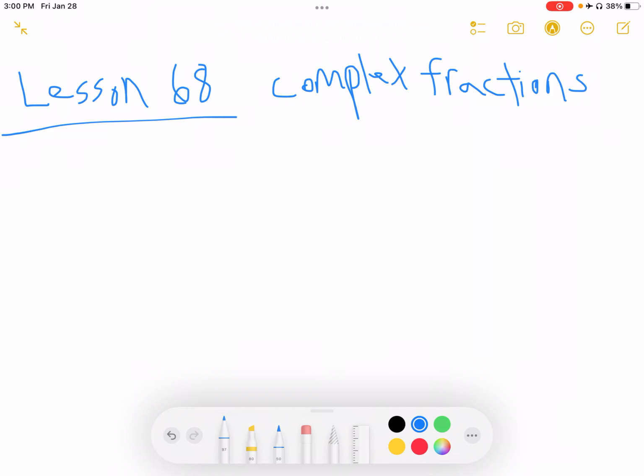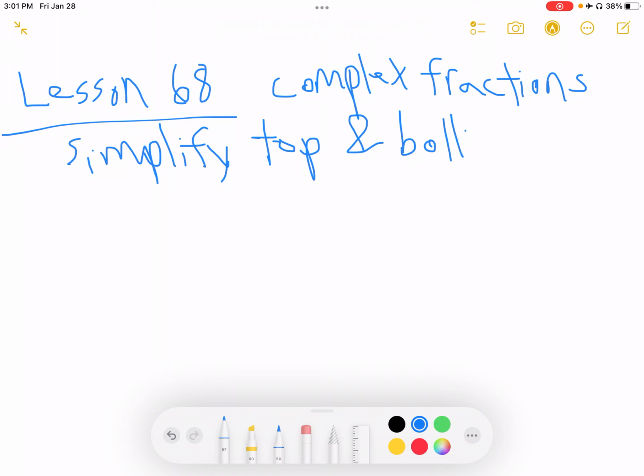So the only thing that I'll say here for notes is that just say simplify top and bottom, I guess you could say before inverting, okay?